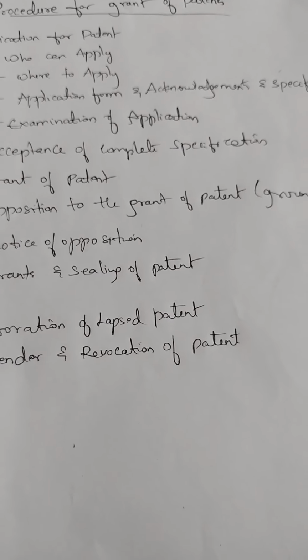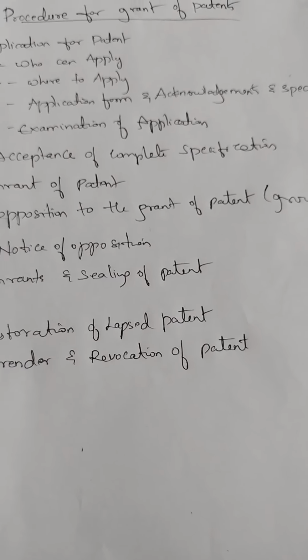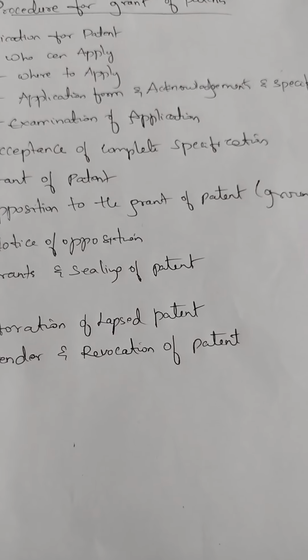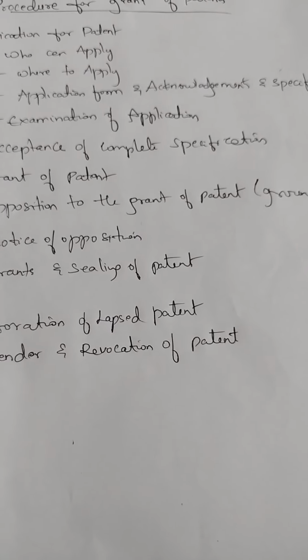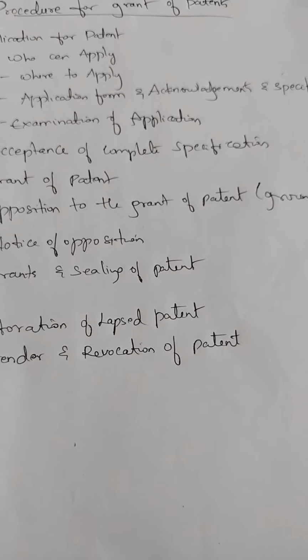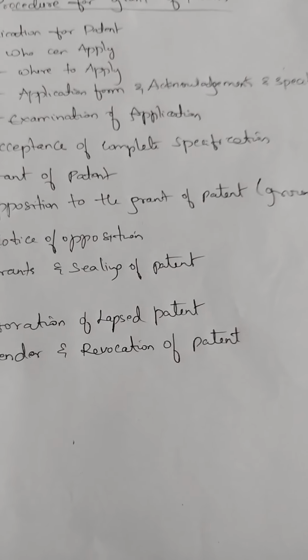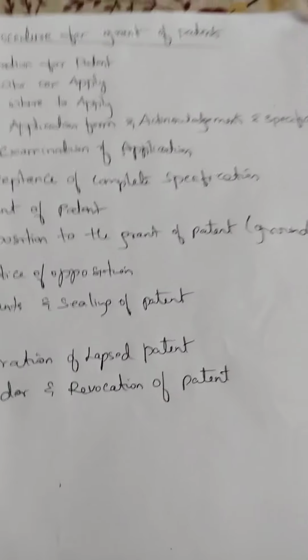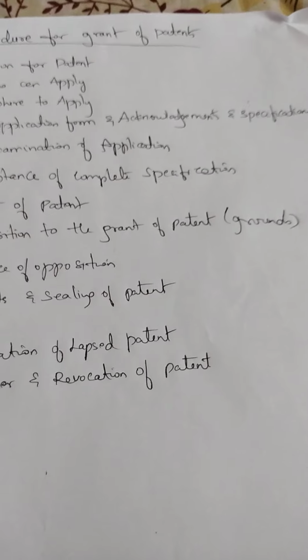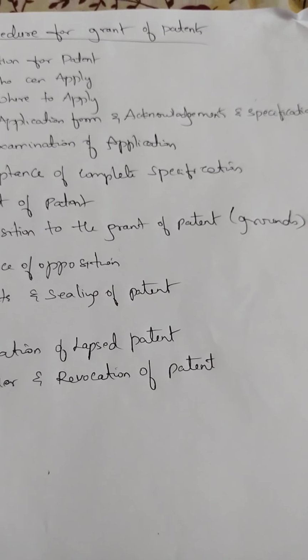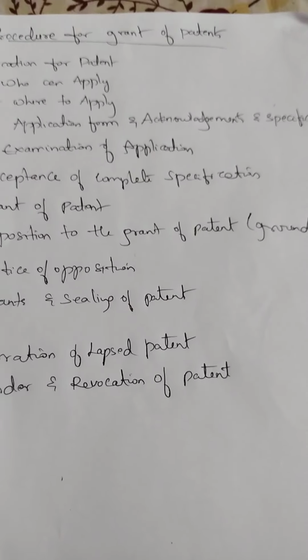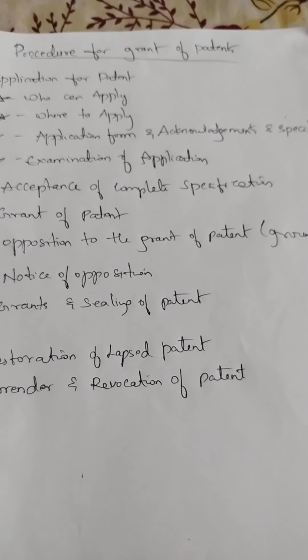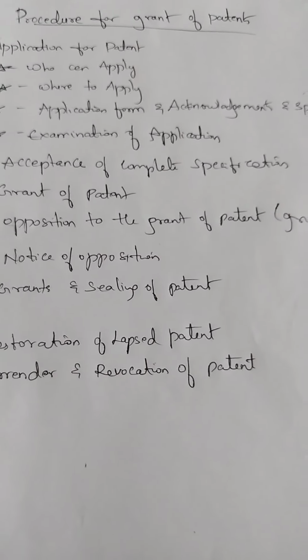The next one, that the invention so far claimed and the complete specification is not satisfactory. If the complete specification was not given on time, or it is not given completely, if it is not satisfying the requirements, even then it can be opposed. Now, the complete specification was already known.